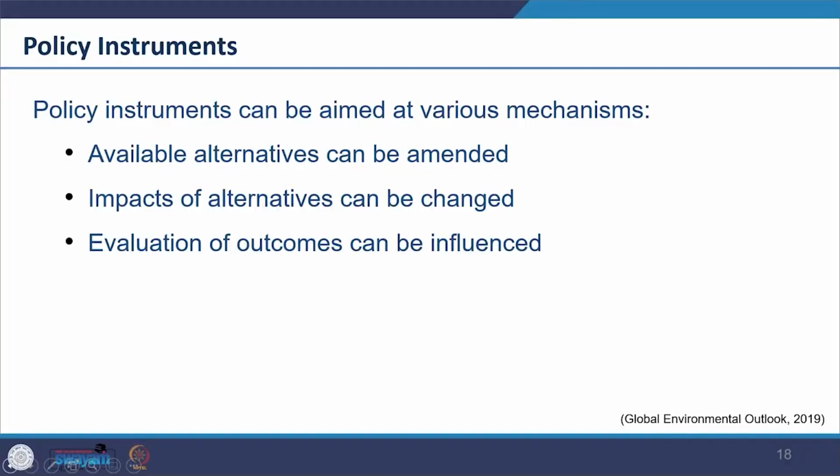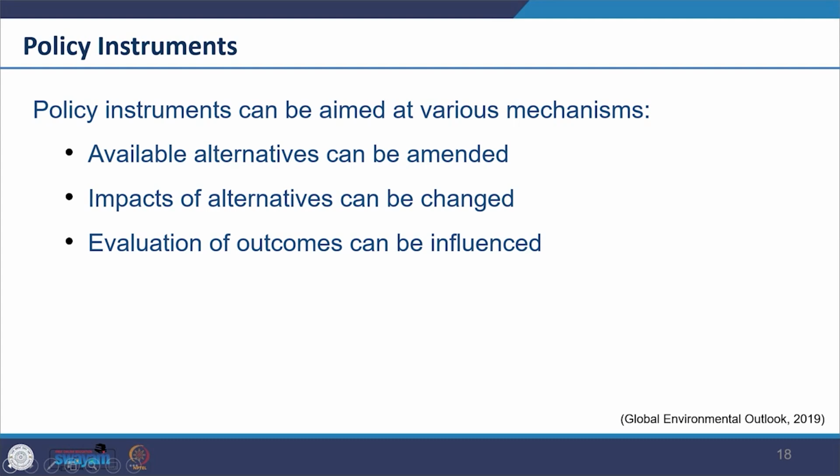Policy instruments can take different forms. We look at three important things here. First, how the available alternatives can be amended, meaning whatever is happening right now, what kind of change we can bring in.